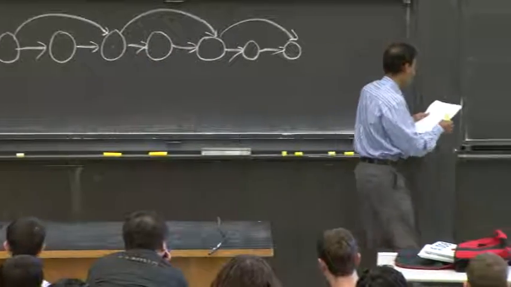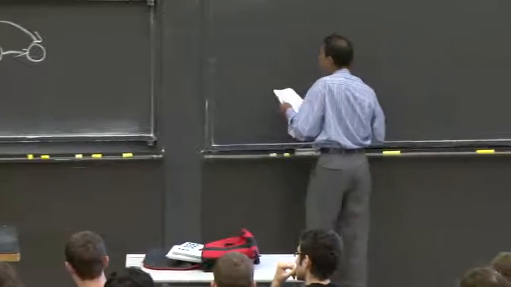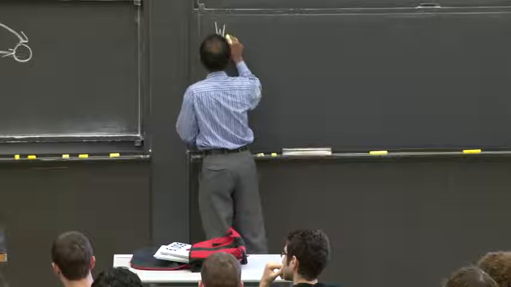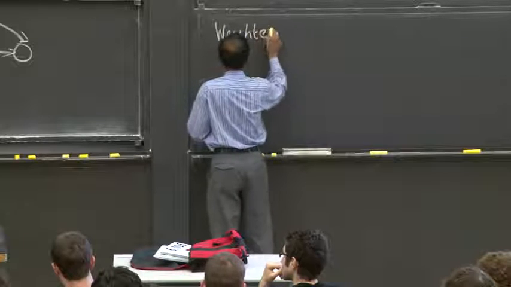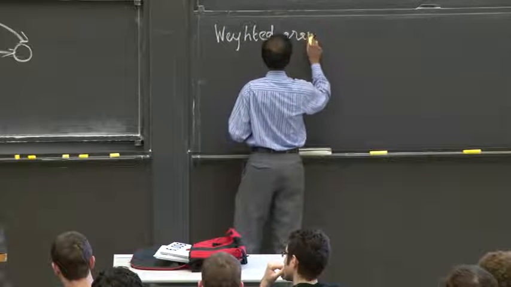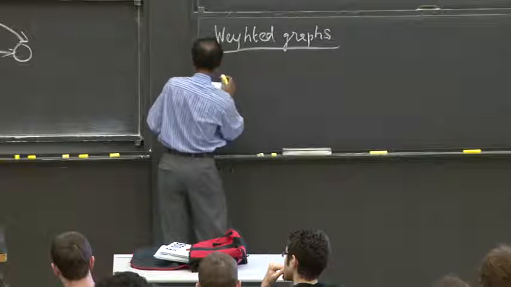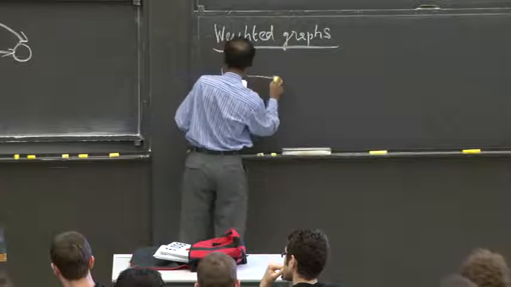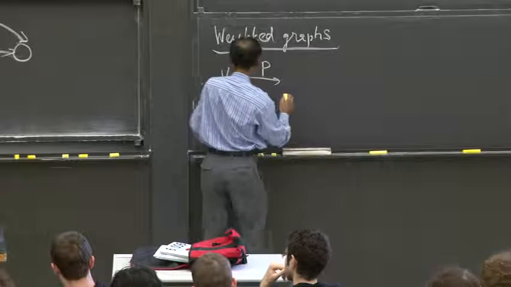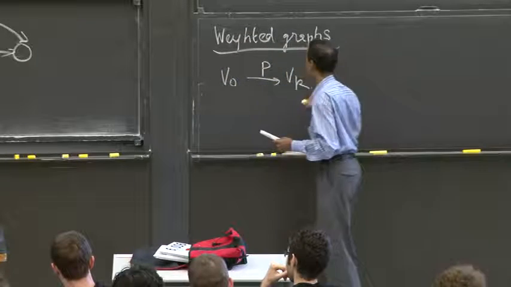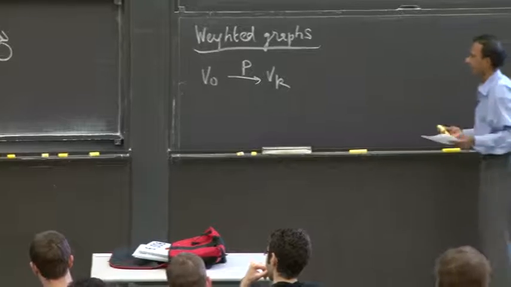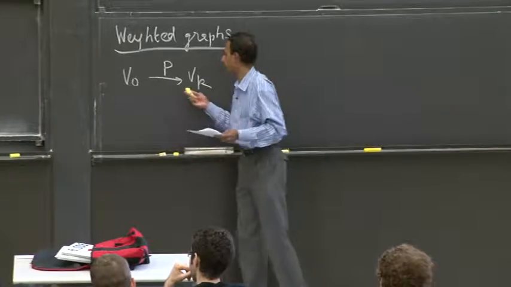Let's talk a little bit more about weighted graphs. I want a little bit more notation. And what I have is V0 using path P to Vk. So I'm going to write that to say that there's a particular path from V0 to Vk.